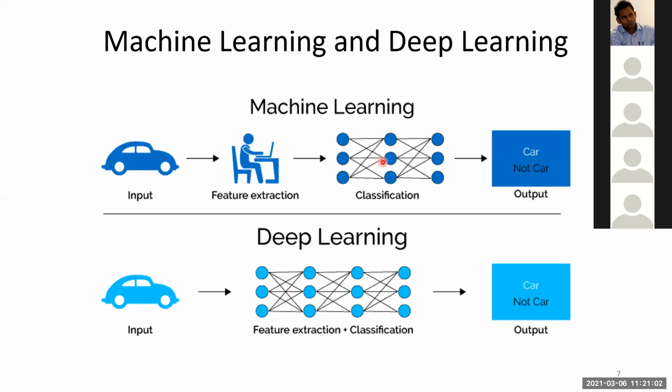In machine learning, we manually extract features and give the features to the network, and after learning, it can predict the output for a given set of inputs after training. In deep learning, we include the feature extraction part into the network. So feature extraction and the classification algorithm are all done in a single network.